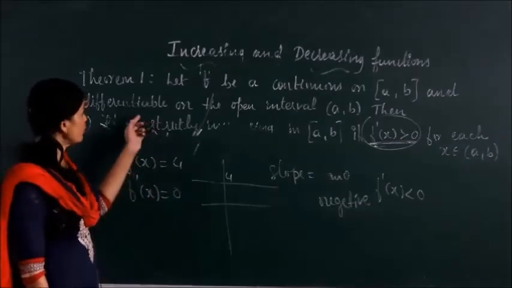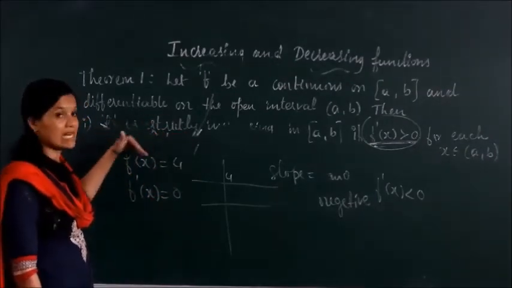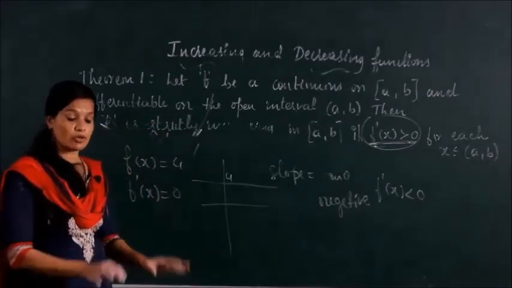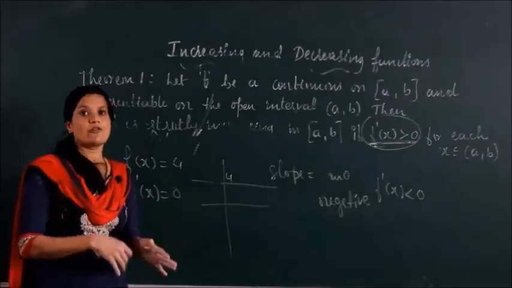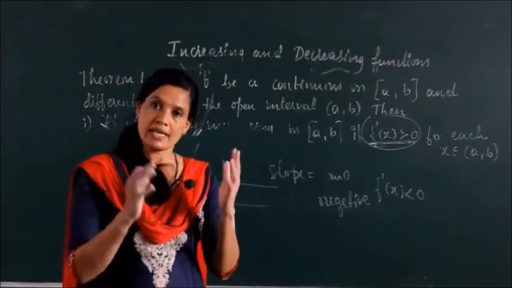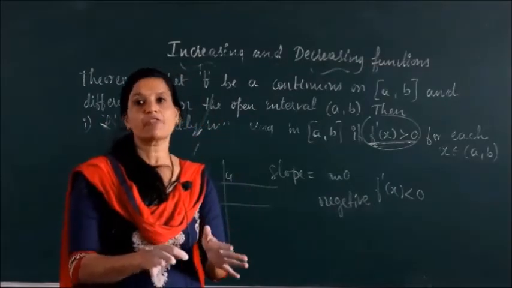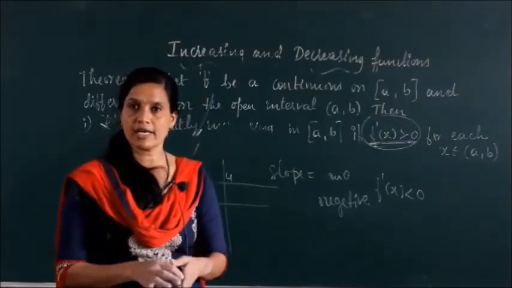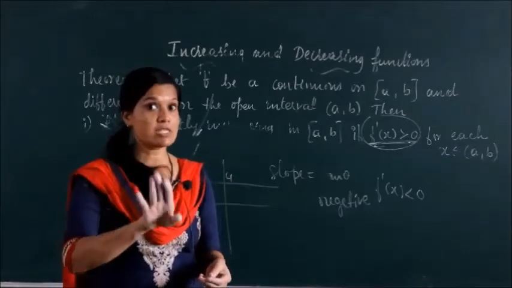So here we have talked about strictly increasing and strictly decreasing. What about increasing and decreasing? Of course, if a function is strictly increasing or strictly decreasing, then I can say that in the given interval, it is an increasing function or decreasing function. But the converse is not true.